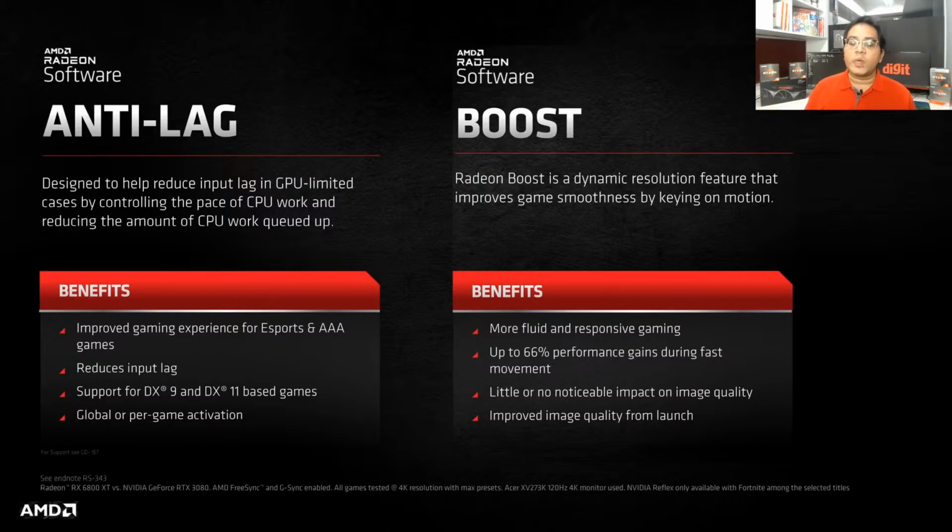That rapid motion, when the fidelity is really high, can drive your frame rate down. But with Radeon Boost, the GPU tries to catch up and retain the frame rate at a higher level so that your experience is much better. Again, this also helps with esports titles because we tend to see a lot more rapid movement in esports.